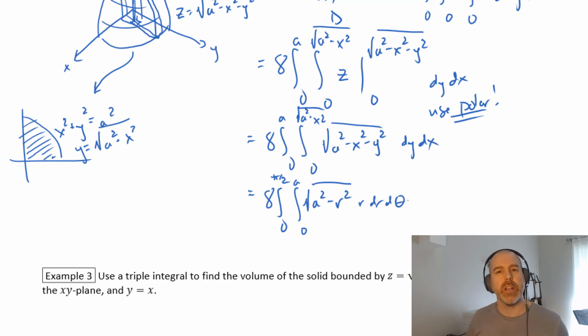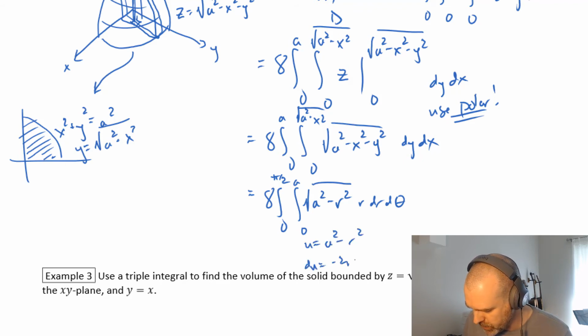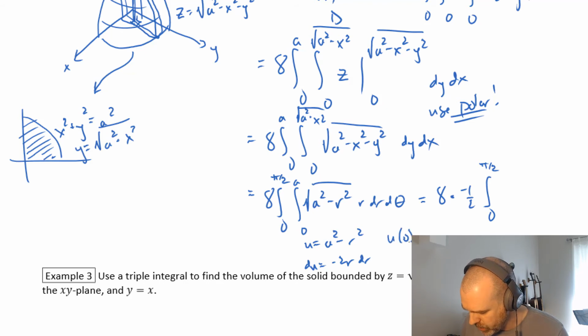So I've changed coordinates to polar coordinates. That looks pretty good. This will be u equals a squared minus r squared, du equals -2r dr. So this will be 8, and then I've got a -1/2 integral from 0 to pi over 2. And then, let's see, u at 0 will be a squared, and then u at a will be 0.